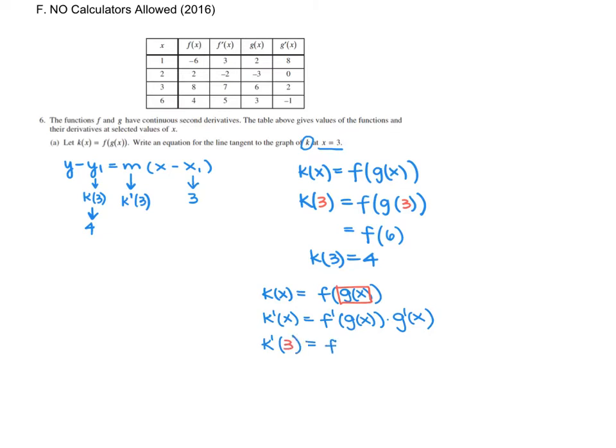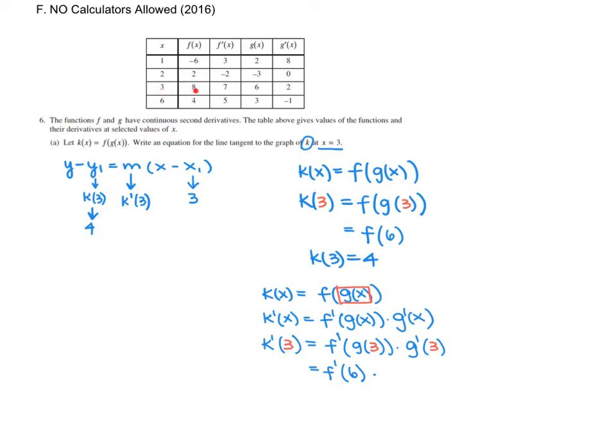is equal to f prime of g of 3 times the derivative of g at x equal to 3. So now using the table, g of 3, when x is 3, g is 6. So we have f prime of 6 times g prime of 3.